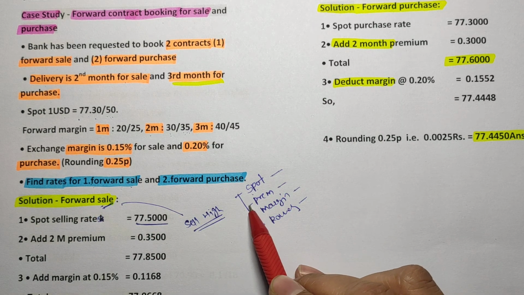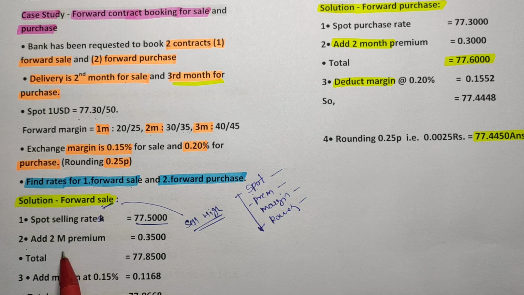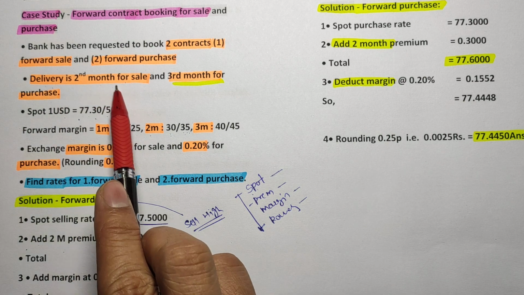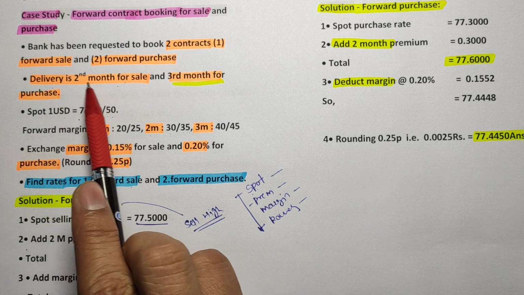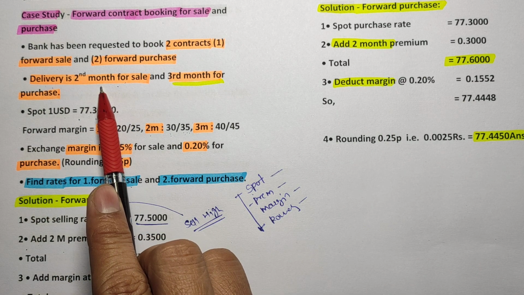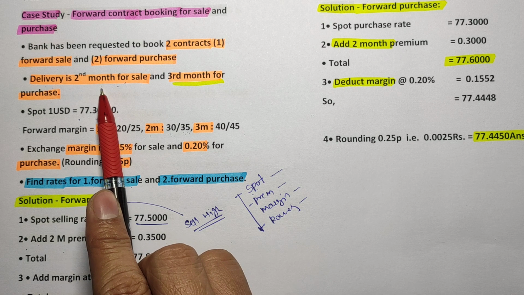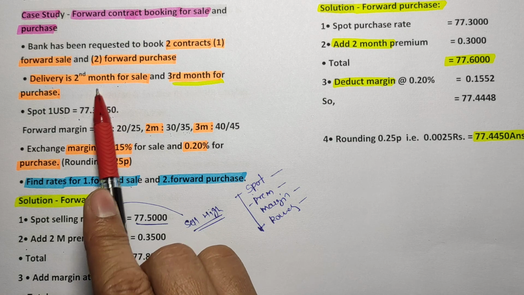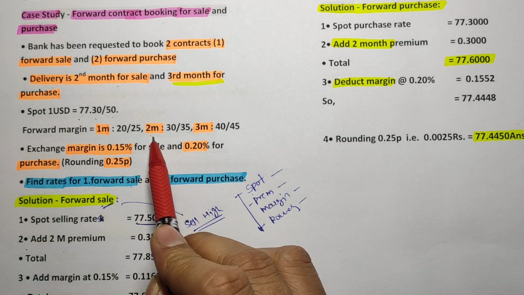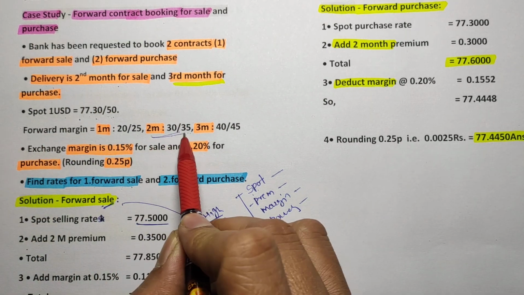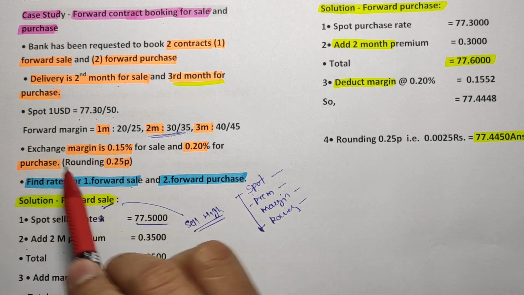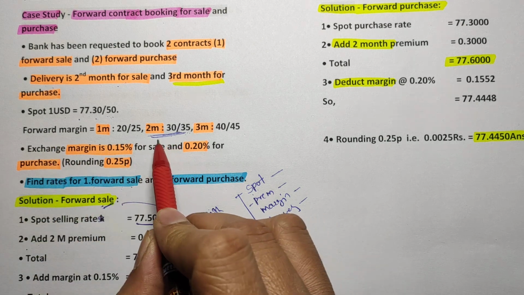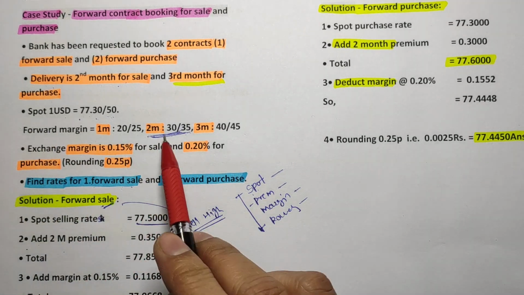Then the next step is the adjustment of the premium. As we are selling, see here what they have given. Delivery is in the second month for the sale. For sale, we have to sell high, right? So for delivery in the second month we have to take the premium for the second month in full. For the second month they have given the forward margin 30-35. Which is the highest value?